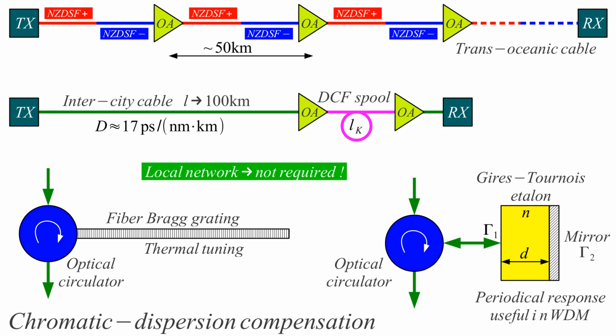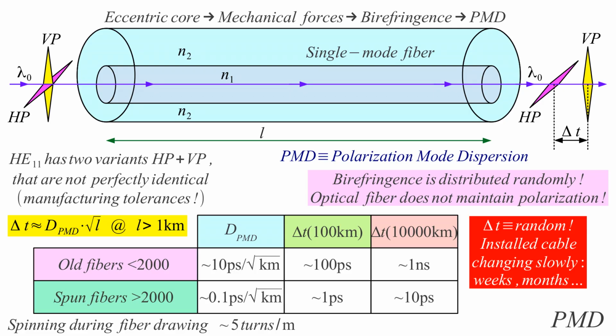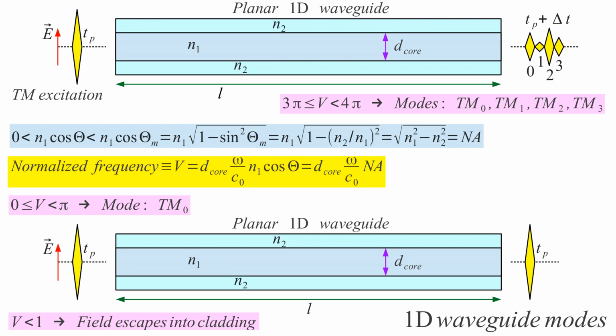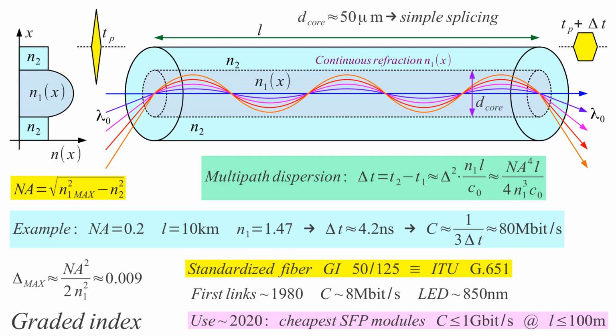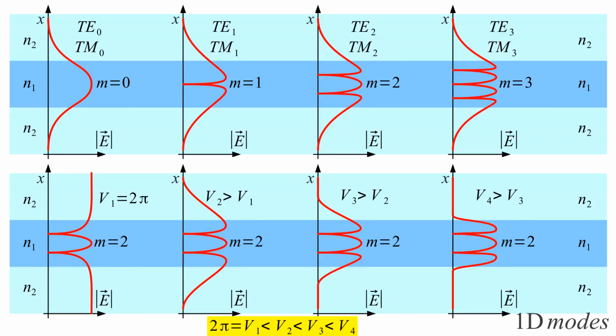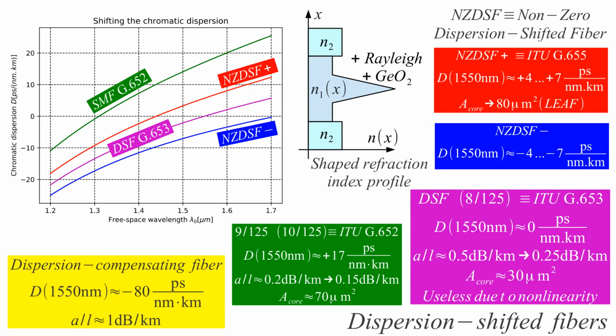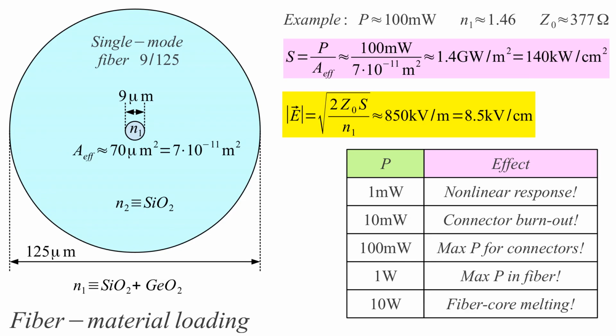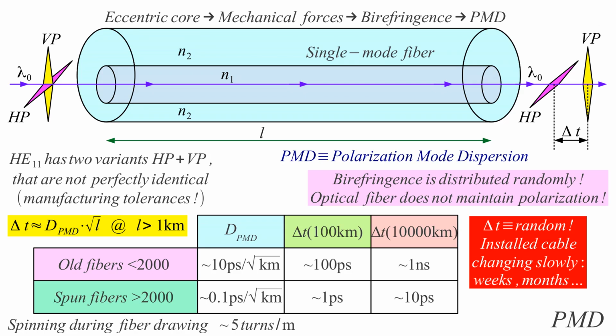I said we have linear chromatic dispersion. Yes, polarization mode dispersion is the smallest of all three. If we take multimode dispersion here, and chromatic dispersion here, we have polarization mode dispersion.